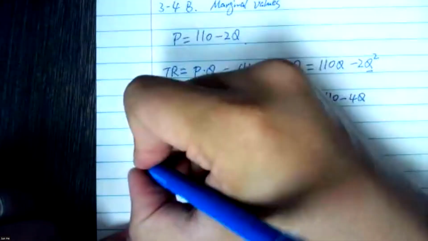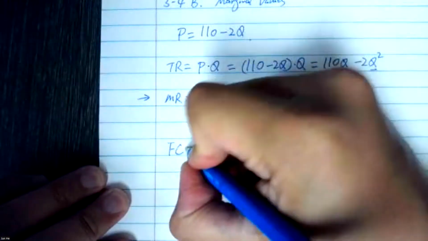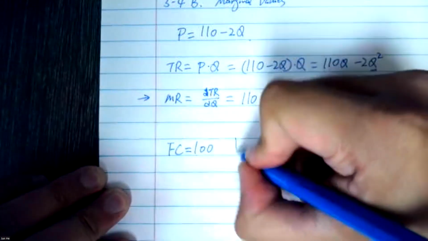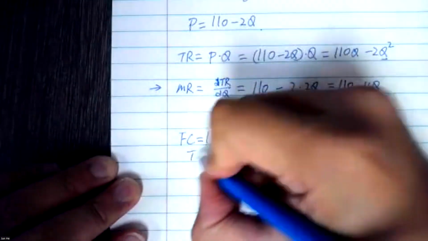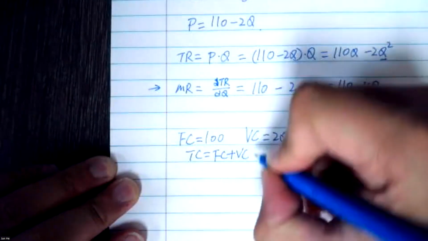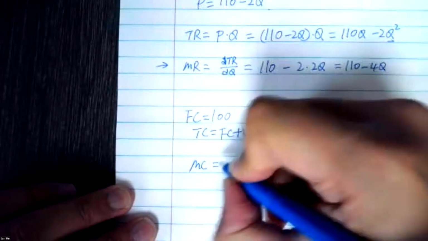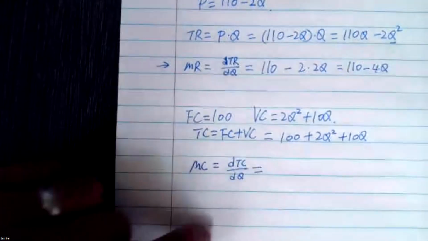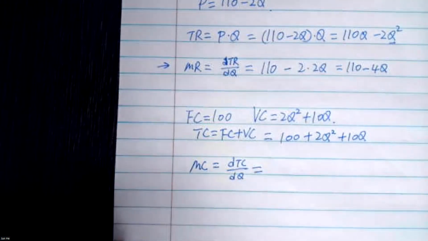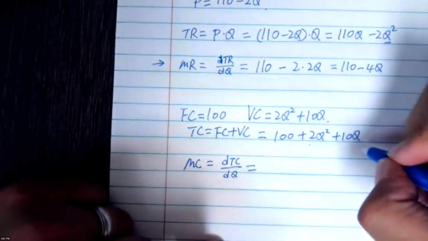And then to the cost side, fixed cost is 100. Variable cost is 2Q squared plus 10Q. So the total cost is fixed cost plus variable cost, which is 100 plus 2Q squared plus 10Q. And then marginal cost is how much total cost changes per each additional unit of output produced, which is the derivative concept. So we take the derivative.